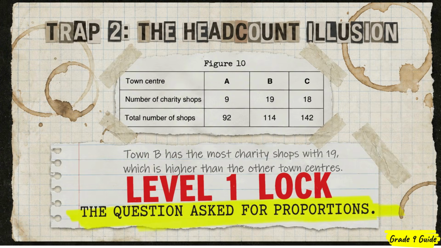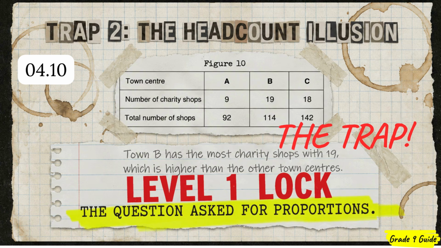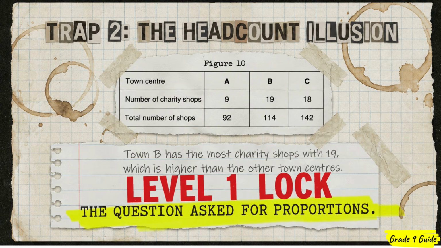Now you're in question 4.10. 4 marks. The table is complete. The question asks you to compare the proportion of charity shops between the 3 town centres. Here is the trap. Students look at the table, see town B has 19 and town C has 18, and write something like, town B has the most charity shops with 19, which is higher than town C's 18 and town A's 9.